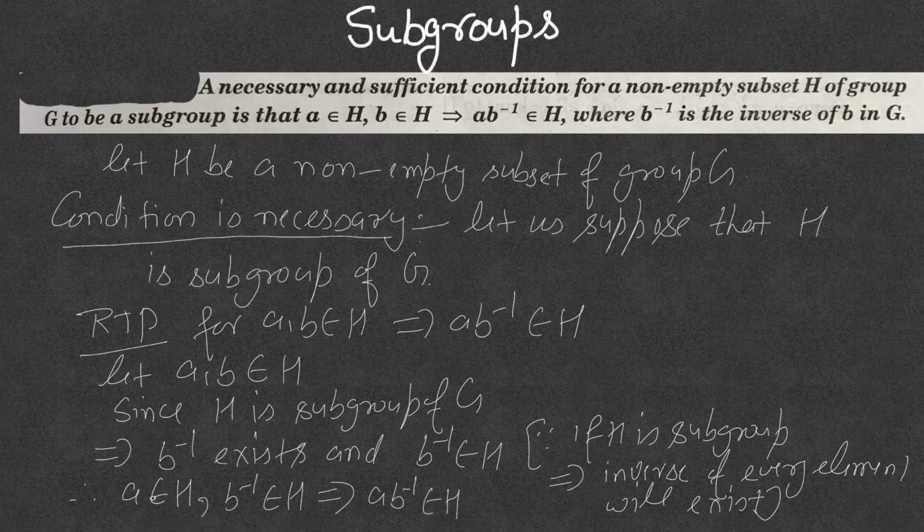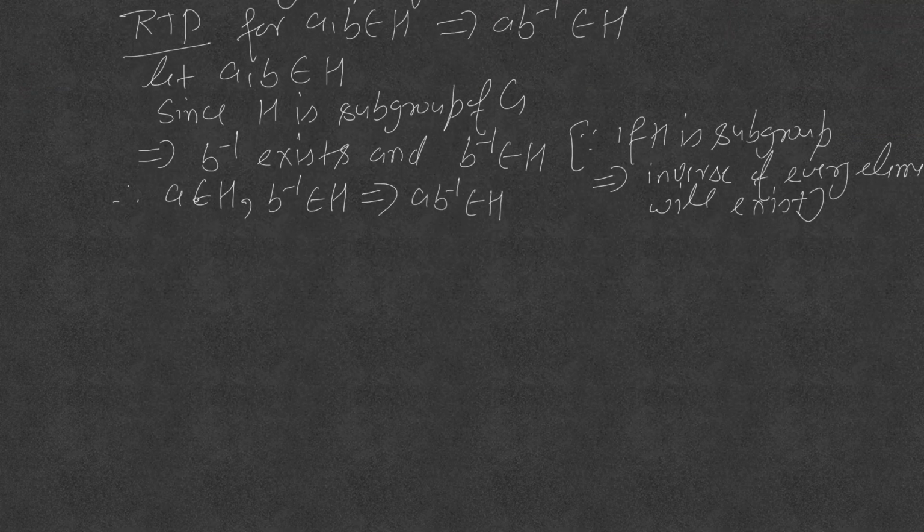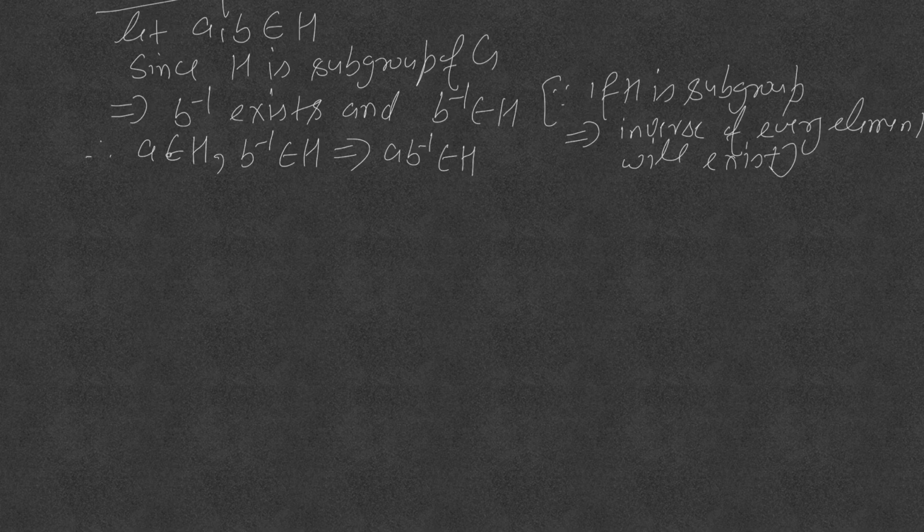Now we move towards the next condition. The condition is sufficient. Firstly, let me write: the condition is sufficient. In the previous part we supposed that H is a subgroup.